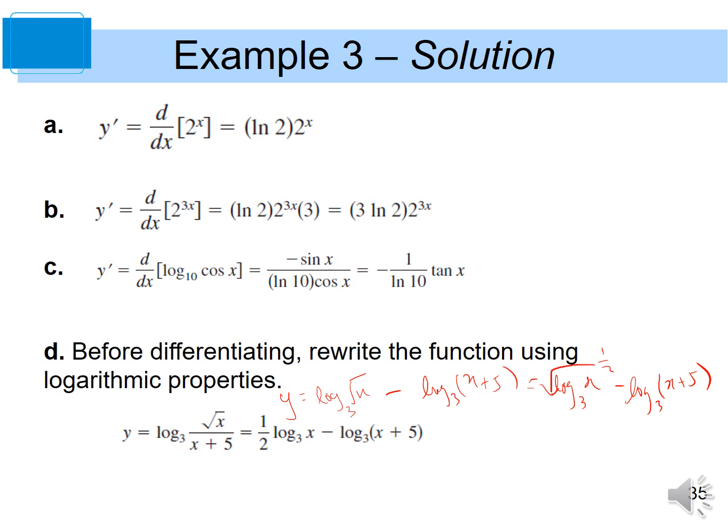So that's why we have this function. After we rewrite our function in this form, it's easier for us to differentiate because they are in a different form. So we can straight away differentiate the first term and also the second term, rather than use the quotient rule.